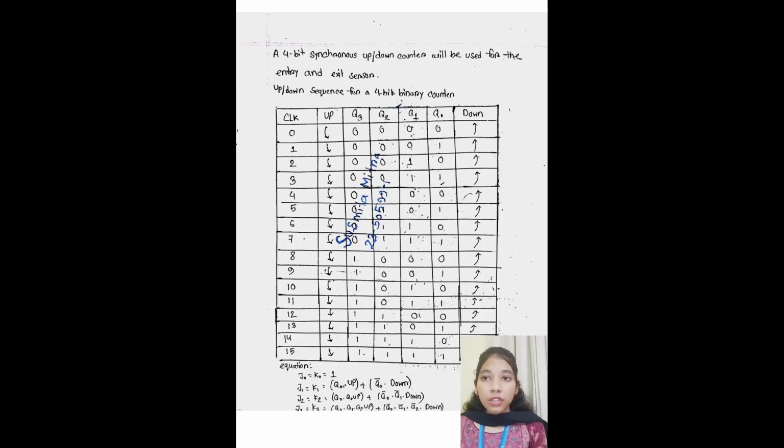The logic for each flip-flop's J and K input is derived from the desired up-down sequences. For a synchronous up-down counter, these equations ensure the correct next state based on the current state and the up-down controls. These equations, along with the common clock signal, allow the counter to accurately track the number of cars.